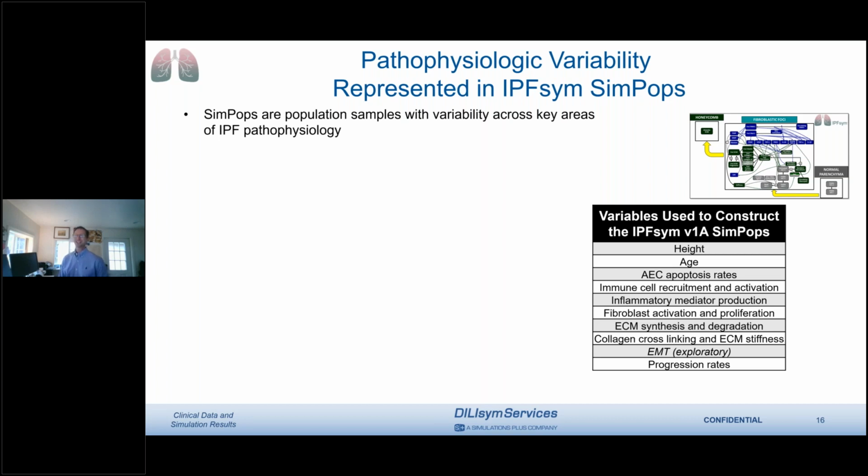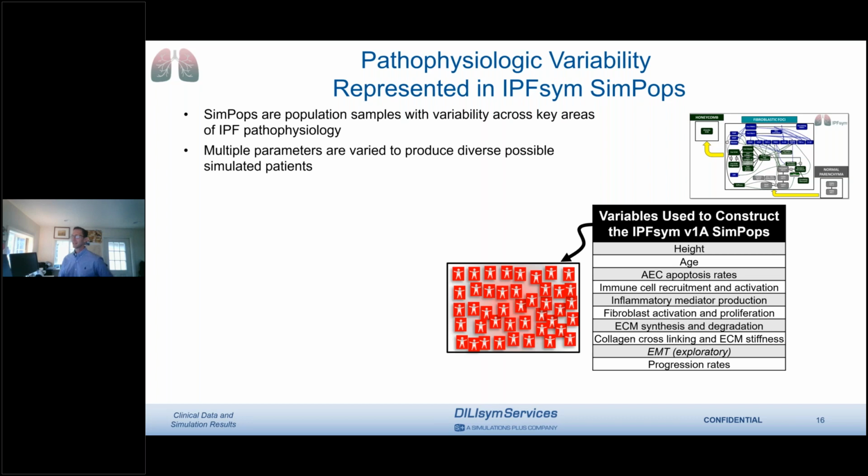So those disease progression rates that we were just talking about, for example. And then triangulating the model to those data and then applying that variability to parameters within IPF Sim, and then doing the combinatorics and taking a high value of this, a low value of that, a middle value of this, and generating a whole array of potential patients, by definition, with mechanistic interpatient variability.